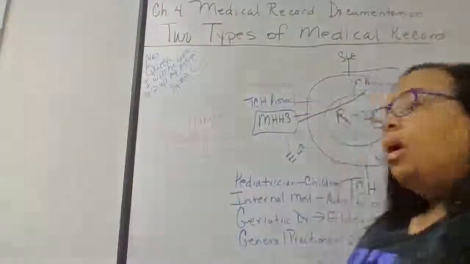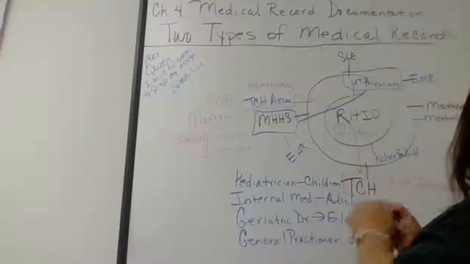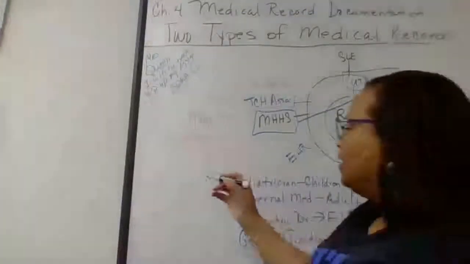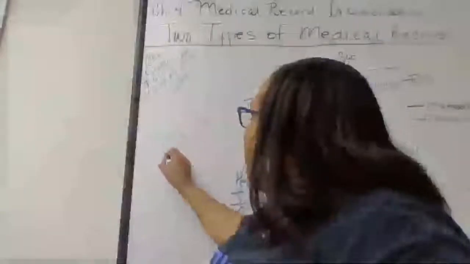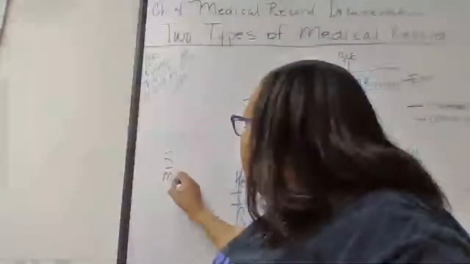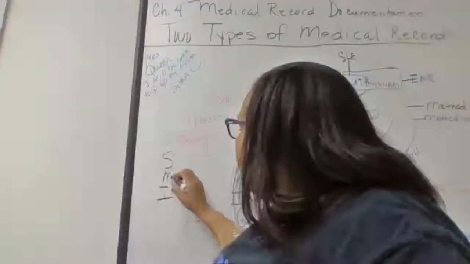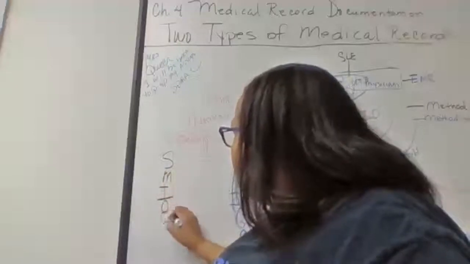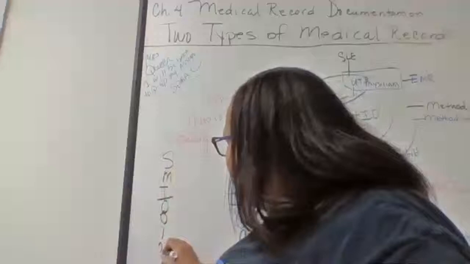So if your last name is Smith, the side of the medical record will have SMI, and then it'll have 0, 0, 1, 2, 3.